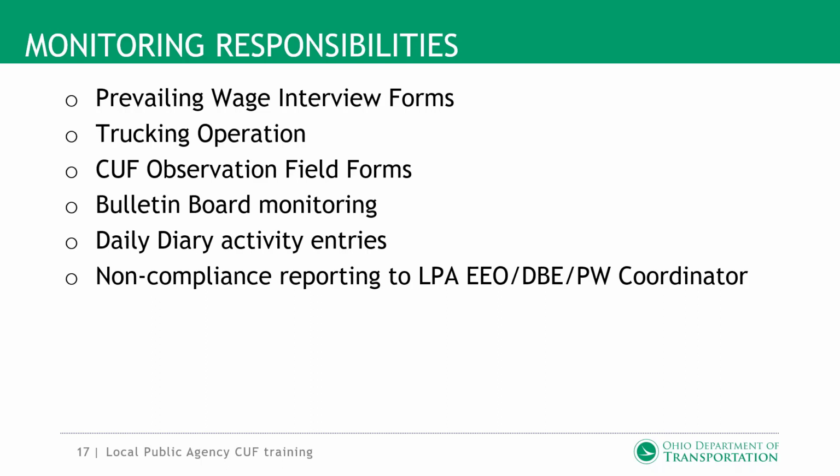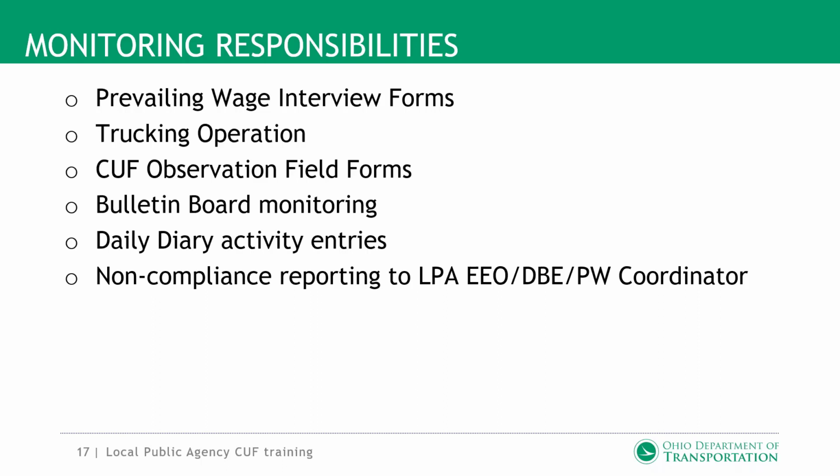Now, while that's only one time, you should always monitor if that DBE shows up as a different crew, comes in with a different name. Those would be violations and should be noted on a CUF observance field form, even if you've already conducted one on the DBE firm itself.